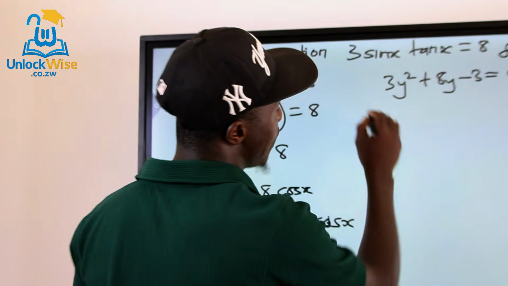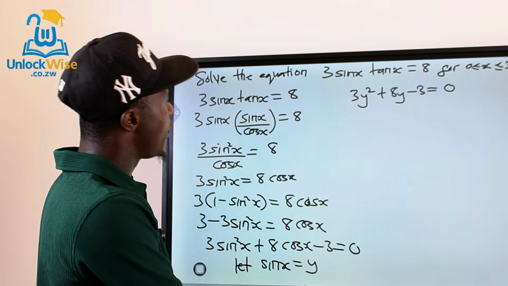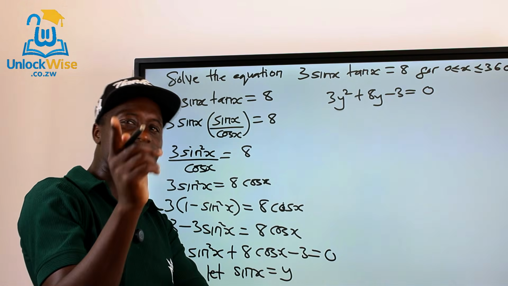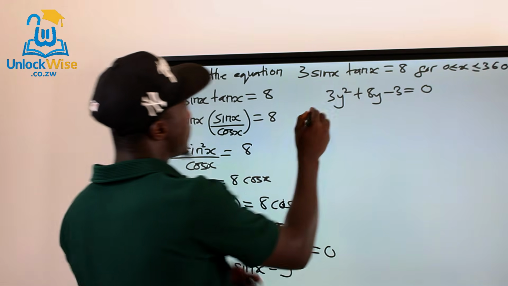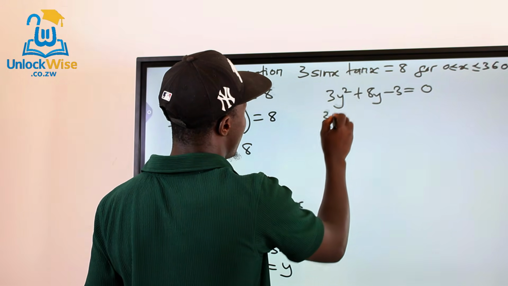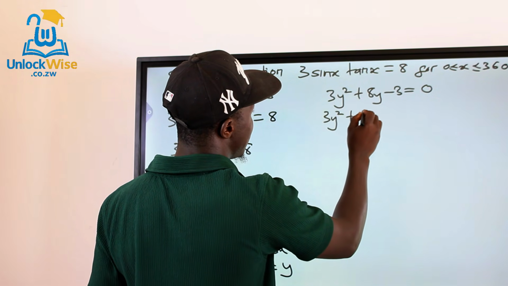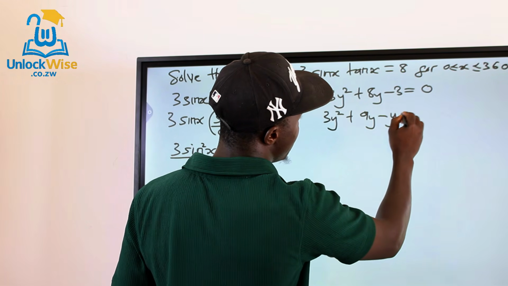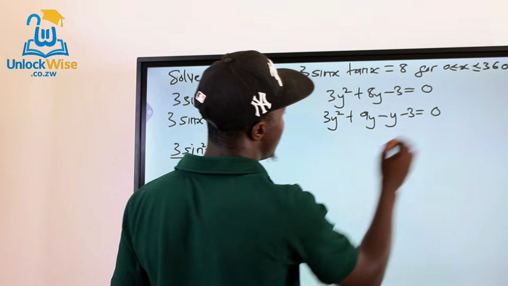So now let's factorize together. We are going to say, what are the factors which give us 9 if we multiply, and the same factors give us 8 if we add or subtract. So we are going to say 3y squared plus 9y minus y minus 3 is equal to 0.